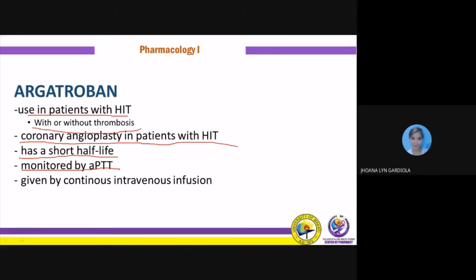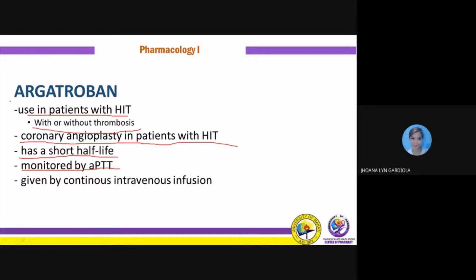And as we said earlier, PTT stands for partial thromboplastin time, wherein it is a blood test that measures the time it takes your blood to clot. And a PTT test can be used to check for bleeding problems.